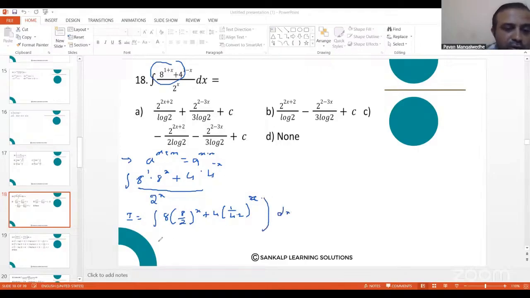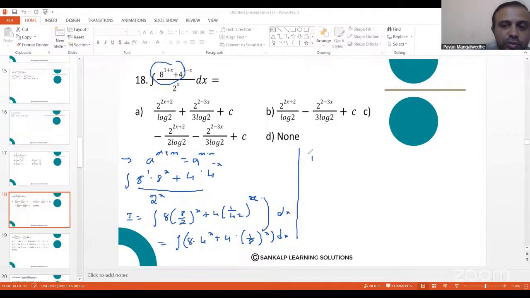If you resolve this, it will become the integration of 8 into 4 raised to x plus 4 into 2, 8. 8 and 4 cancelled, it is 4. That is 4 into 1 by 8 raised to x dx. Now go to the next step.